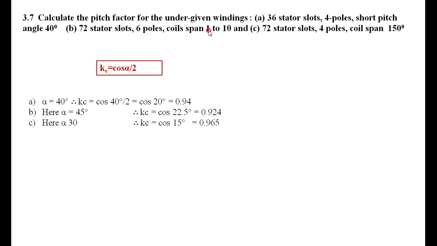One coil side is placed in slot number 1, the other is placed in the 10th place. If we look at the angle between the two slots, that is between 1 and 10, we are getting around 135 degree. And how exactly we are getting that, we are seeing now.